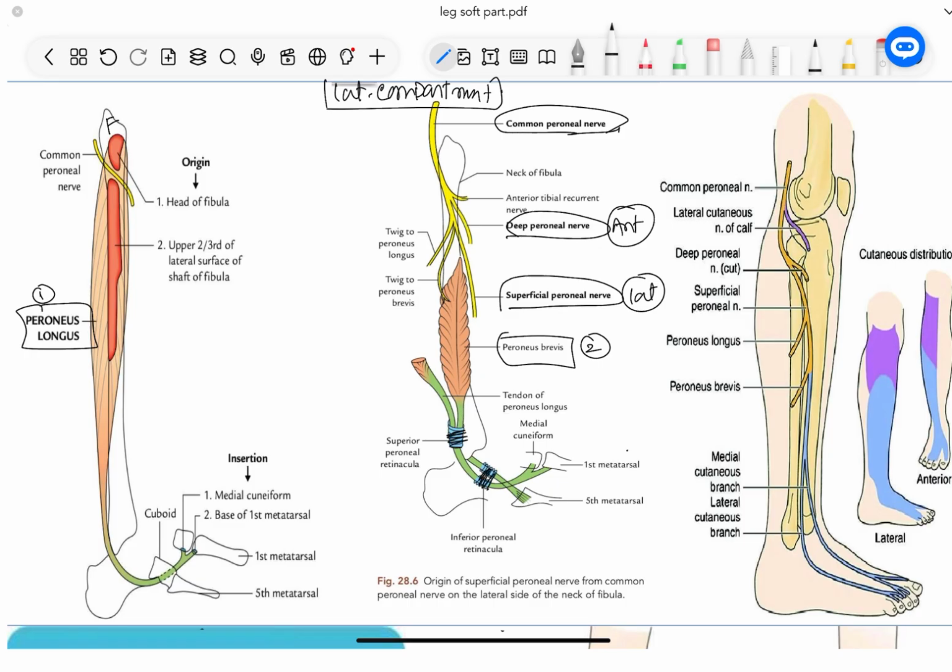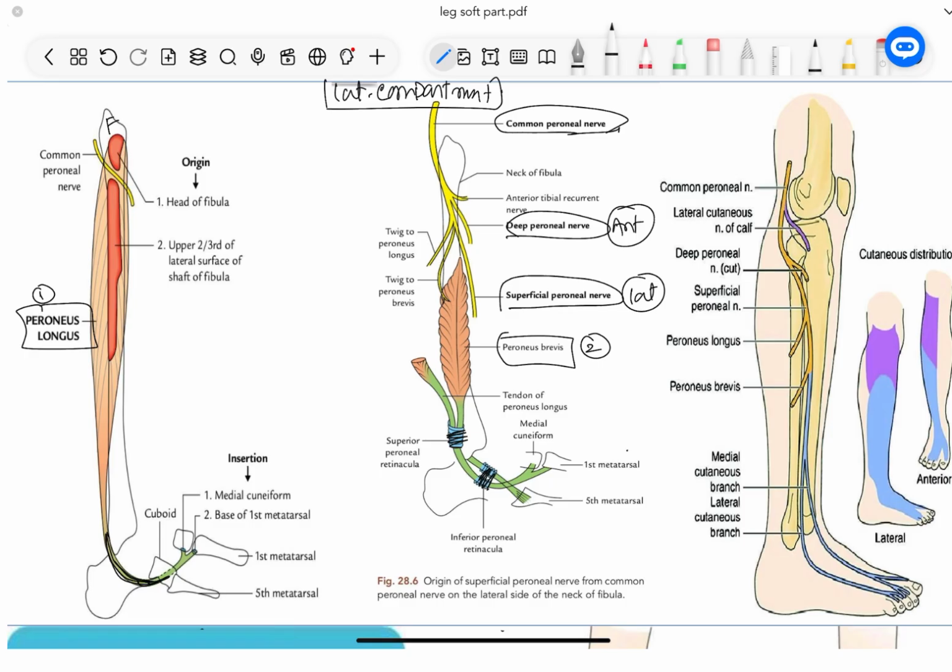You can see these retinacula here, and it goes behind the lateral malleolus, underneath the peroneal retinaculum, which holds it.